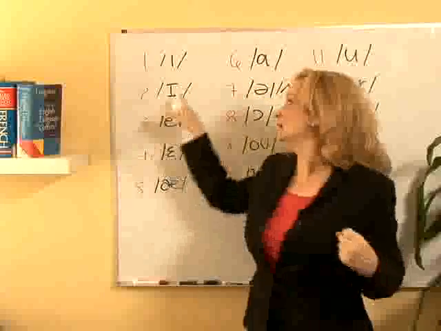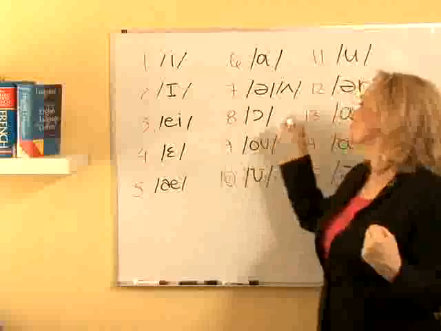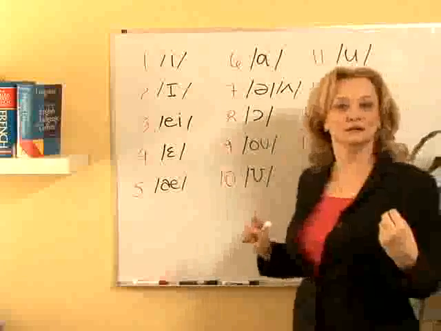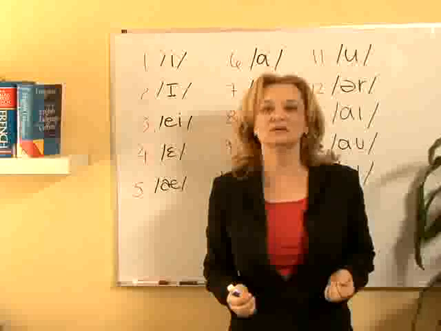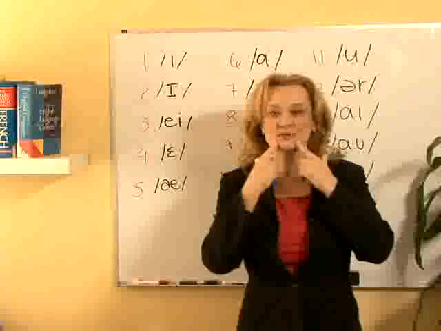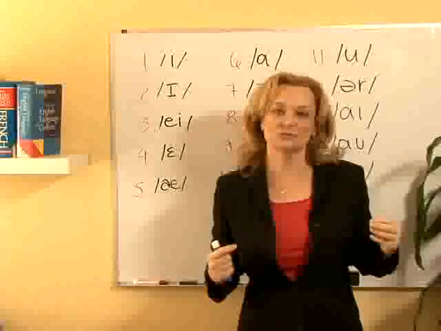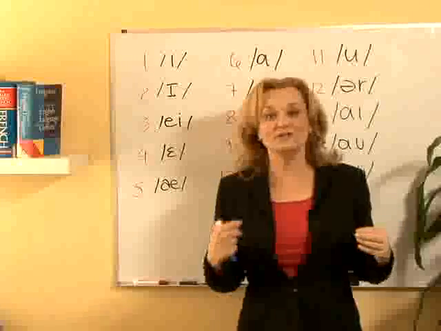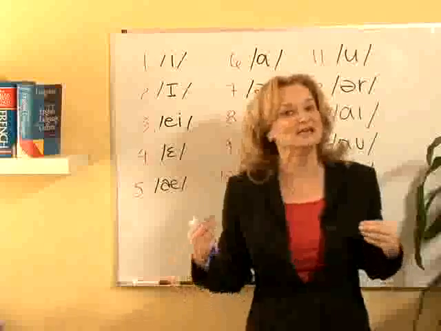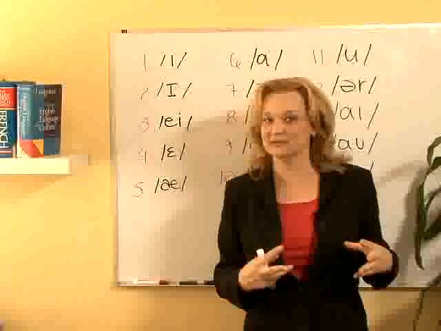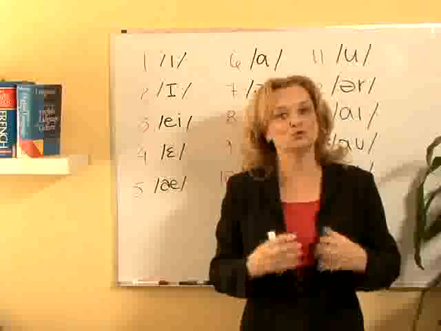When I say I or when I say, there's not much happening in my mouth. I. My lips are relaxed and my tongue is relaxed in the back. One of the main problems that learners have with the American accent is they have not learned the difference between tense and neutral vowels.